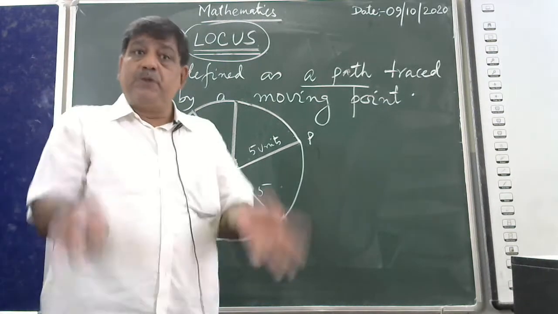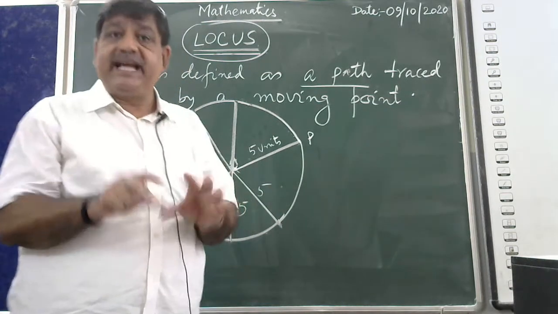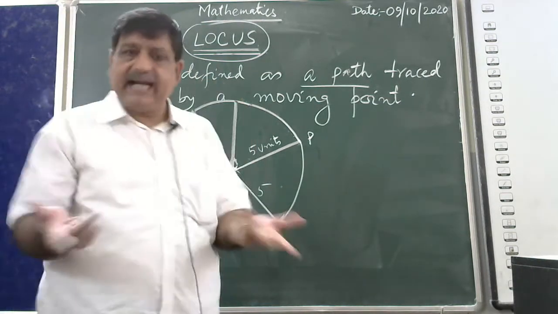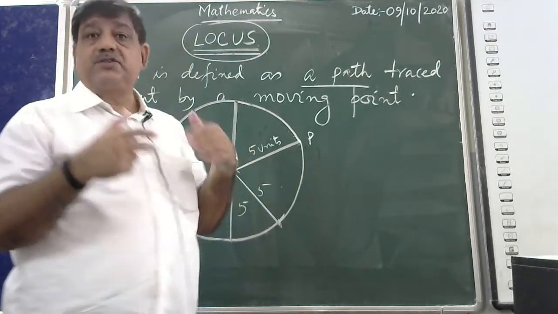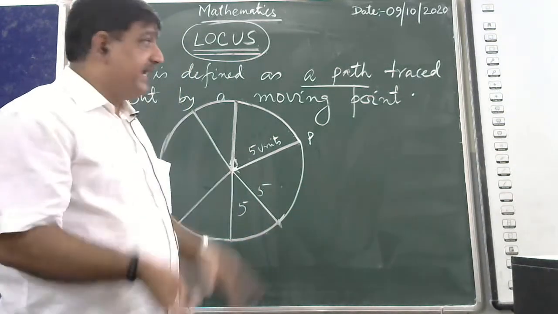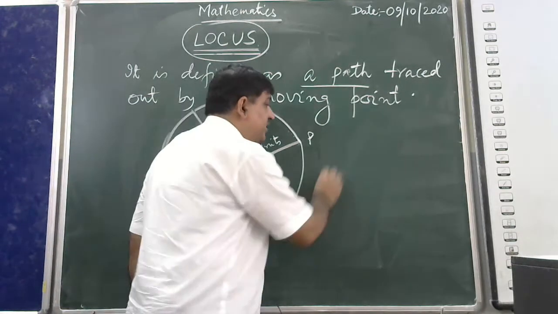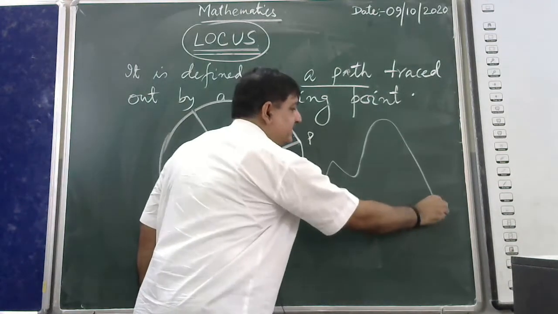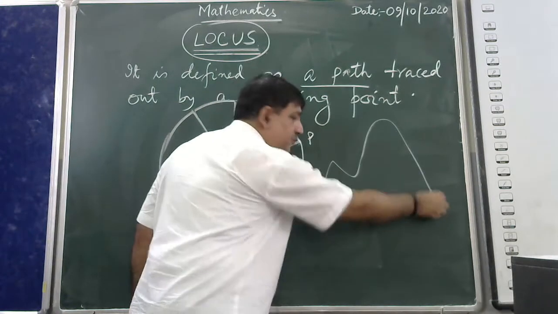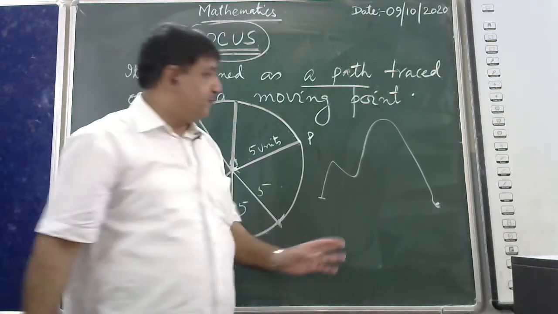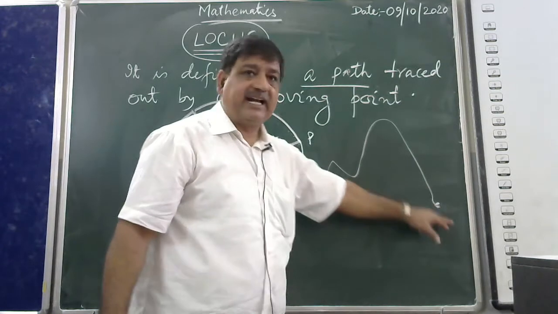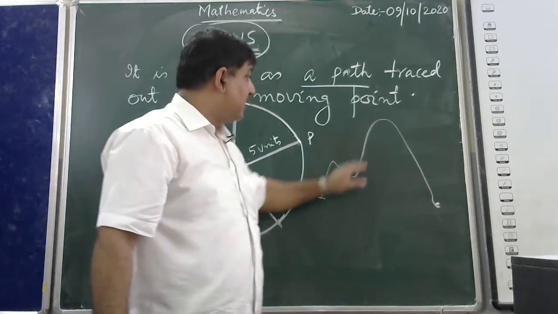When you book a car or you hire a car for some destination, you will find that the directions are given in some zigzag manner like this. That from here to here you have to travel. Then Google Map will show the direction in this manner. So this is nothing but the locus.